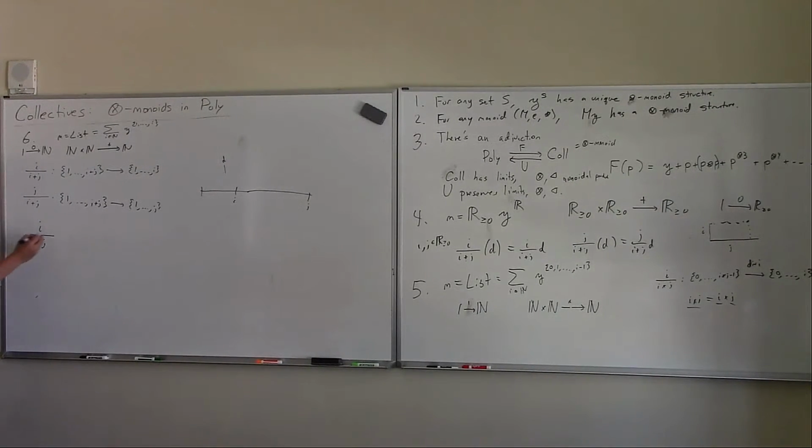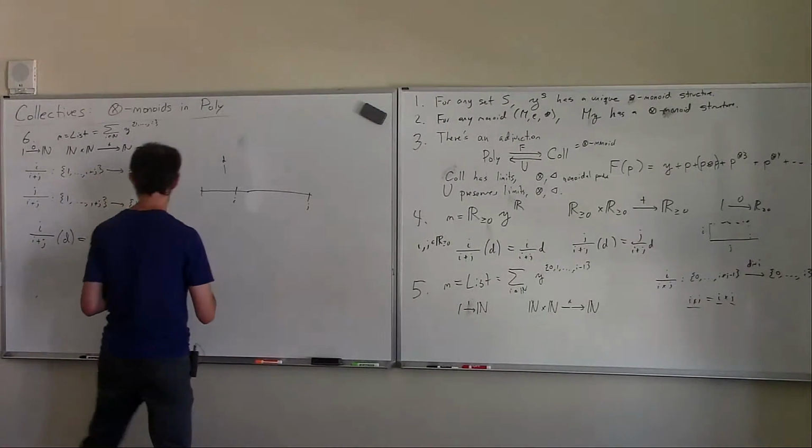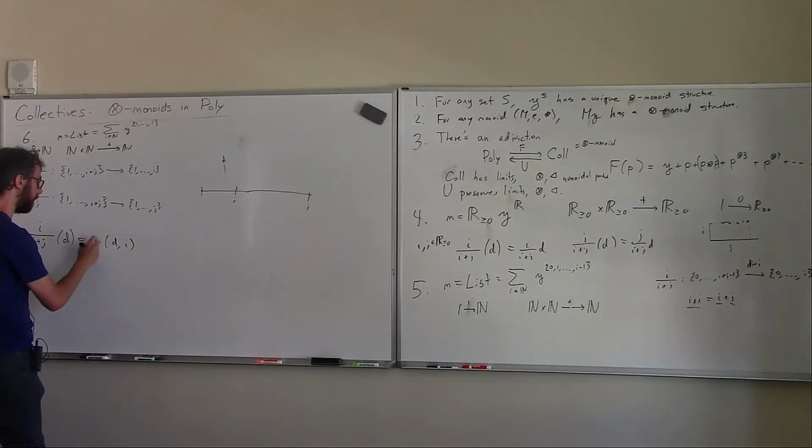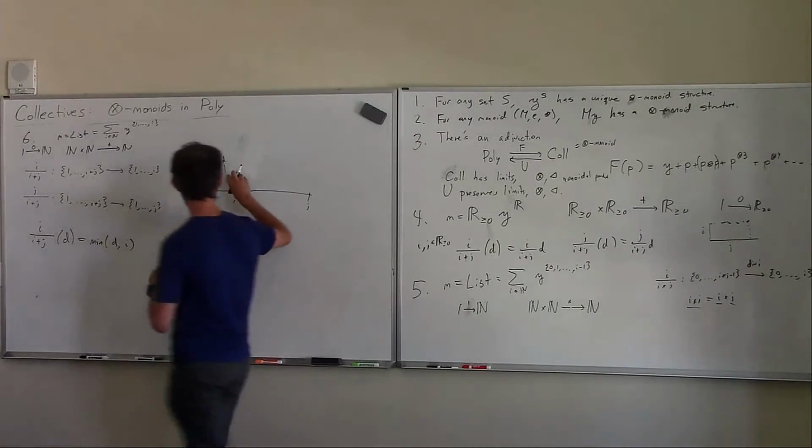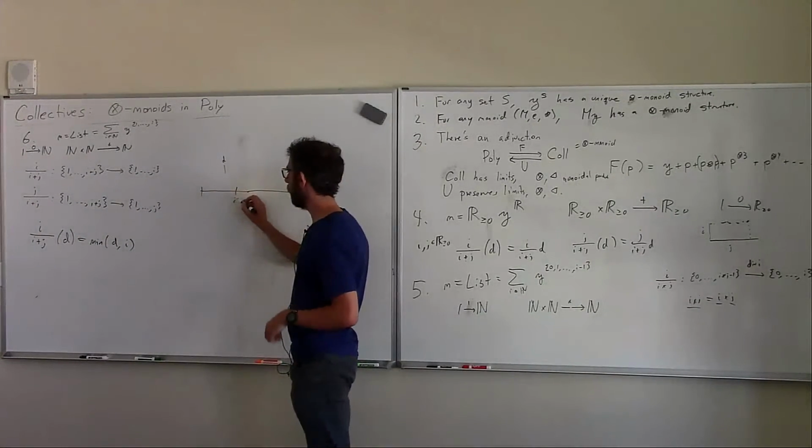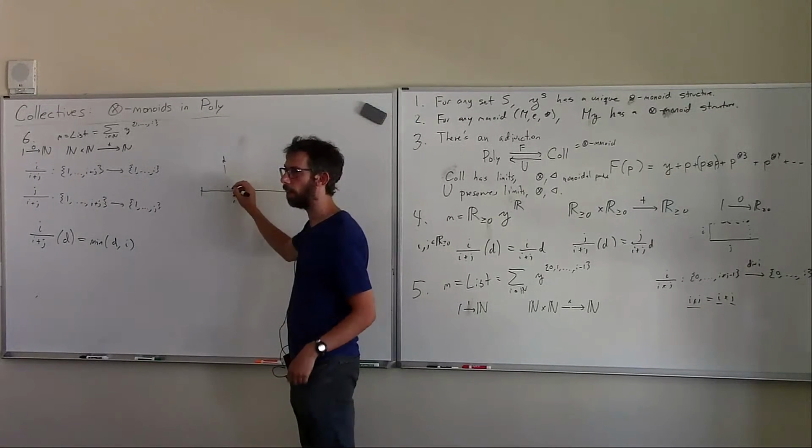It says if D comes in, what I'll do is take the min of D and I. So if D is less than I, pay the first guy D dollars.